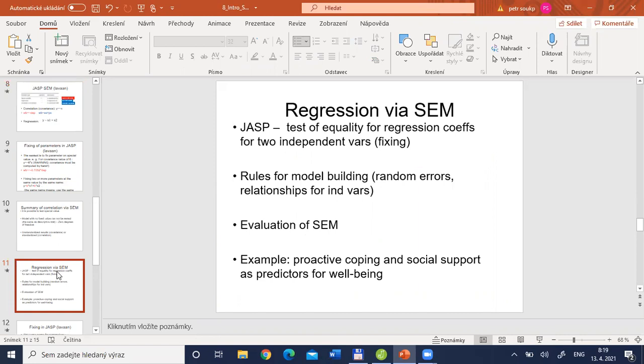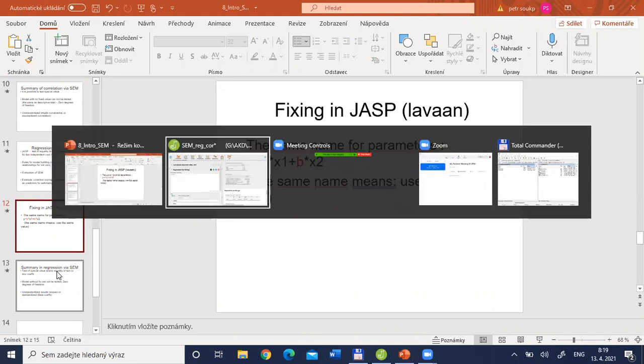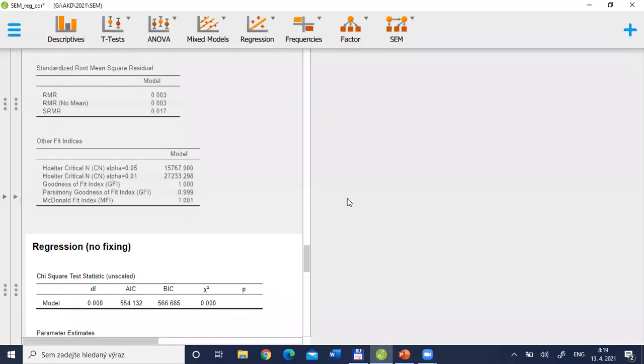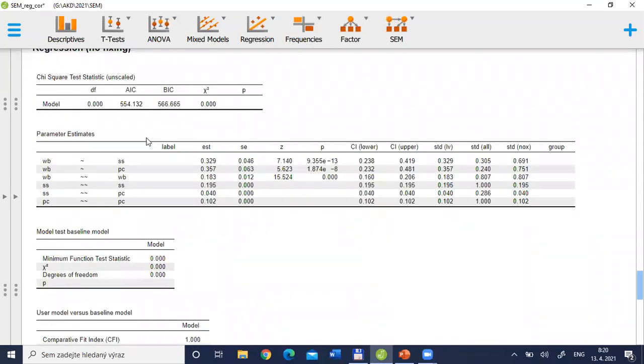So we would need in the next step, and this is slide number 12, some fixing in the model. So I would go back. Here we have our results, and these results confirm our expectation. You can see 0 degrees of freedom, and of course no p-value, so no evaluation.